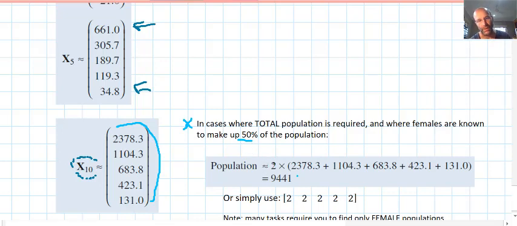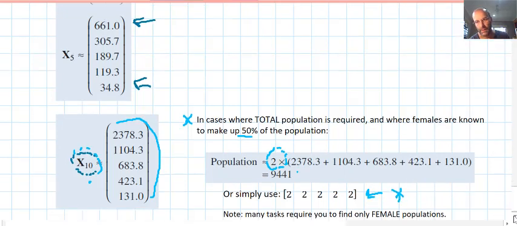So without timesing by 2 we just get the females, but by timesing by 2 we get the total population of males and females based on our assumptions in the model. But using matrices, a quicker way is to actually multiply your column vector by a row vector of all 2's, and that will total and double, and you'll get the same thing done very efficiently. So I would recommend that there.